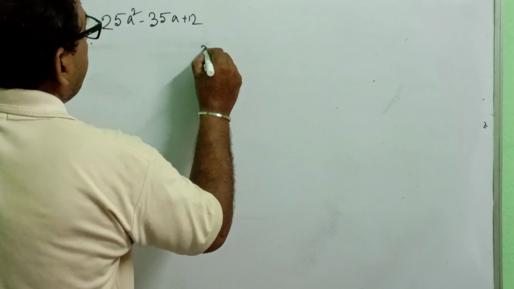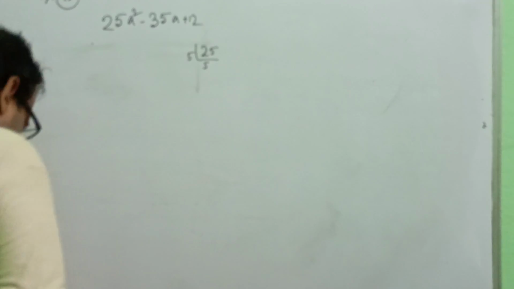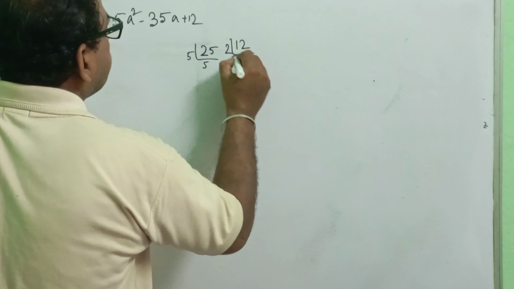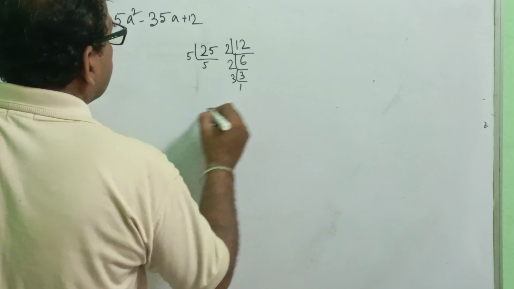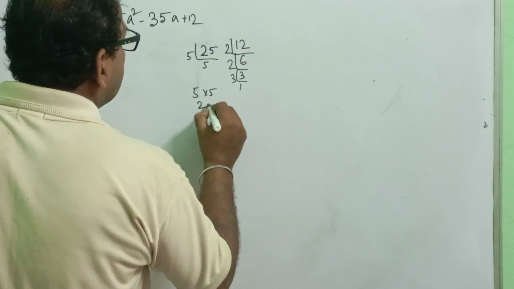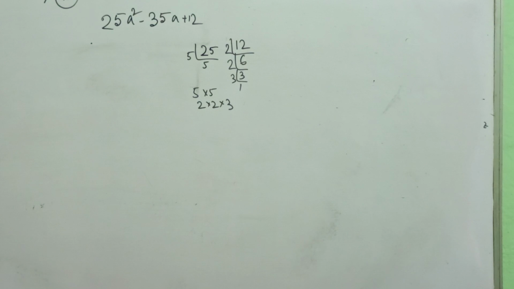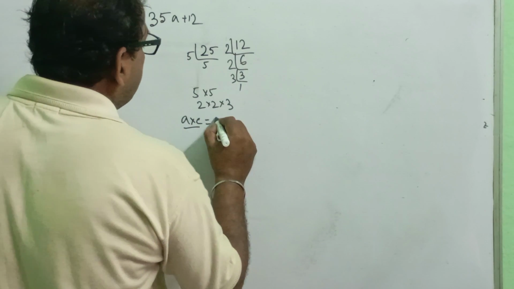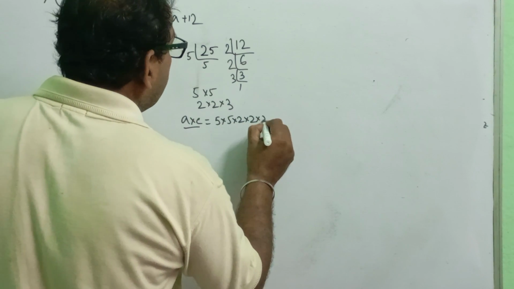Then factorize 25 and factorize 12. So that is 5 into 5, 2 into 2 into 3. So by the factorization, that is a into c. What is a into c? 5 into 5 into 2 into 2 into 3.